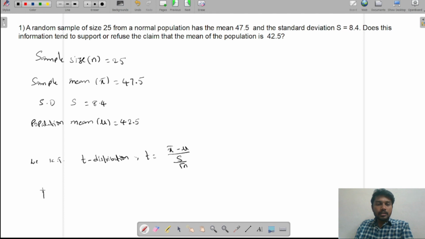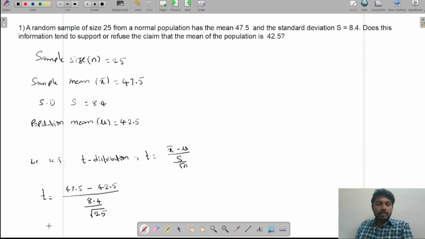So t equals x bar 47.5 minus nu value 42.5 by the standard deviation given here, 8.4, by under root of n, which is 25.